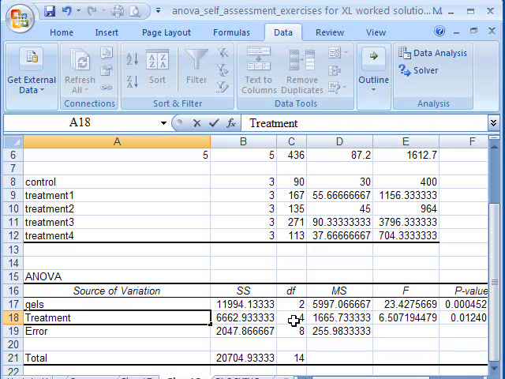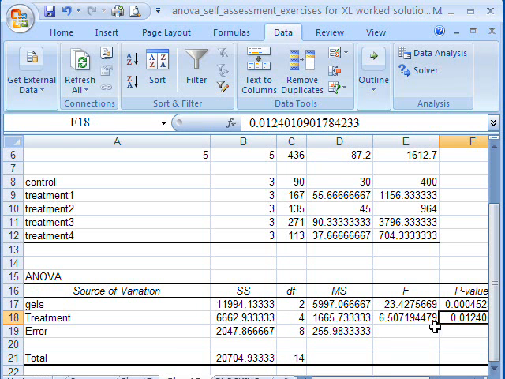We had 5 different treatments, so control and 4 different treatments, so that's 4 degrees of freedom associated with that. The total degrees of freedom is the same, but we now see that there's a very highly significant effect of treatment on protein levels, and a very, very highly significant effect of the gels.